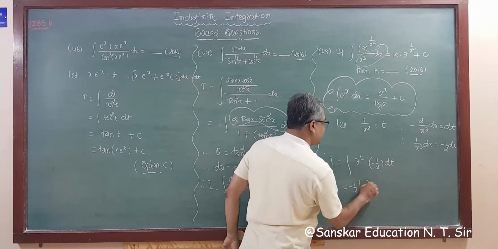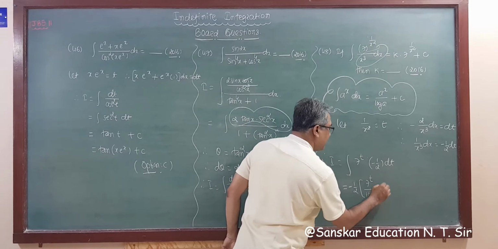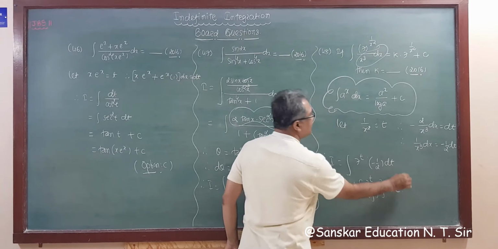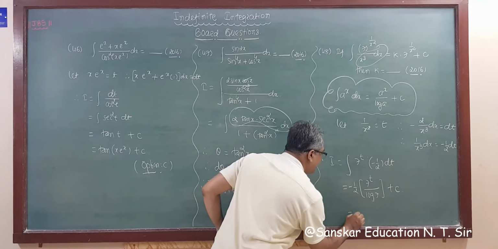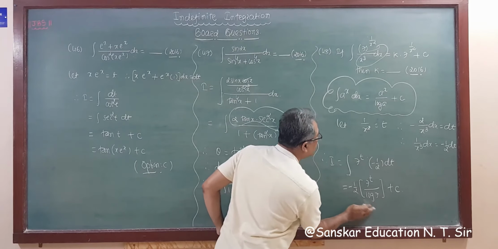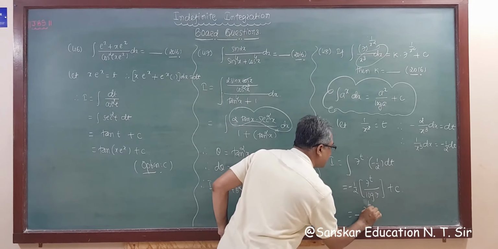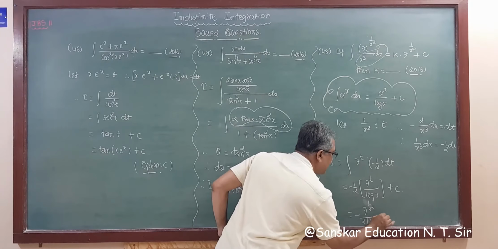So the answer will be 7 raised to t upon log 7 plus c. And what is t? t is 1 upon x square. So substituting the value, we get minus 7 raised to 1 upon x square, whole upon 2 times log 7, plus c.